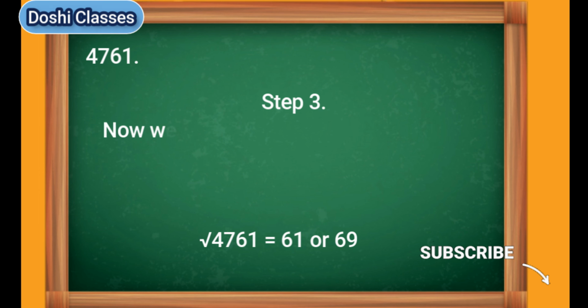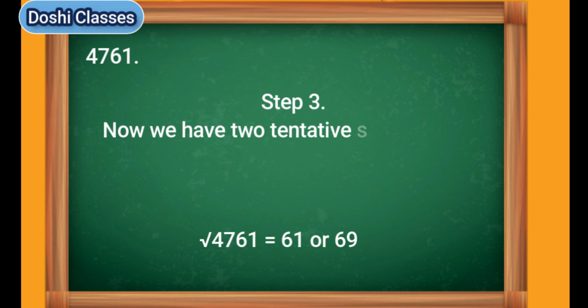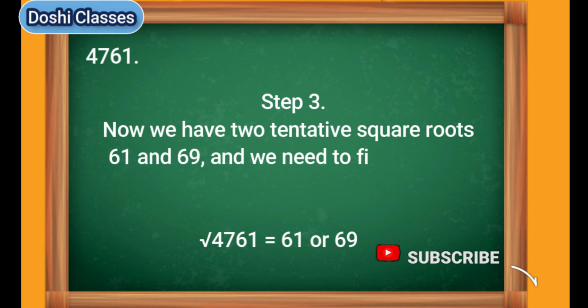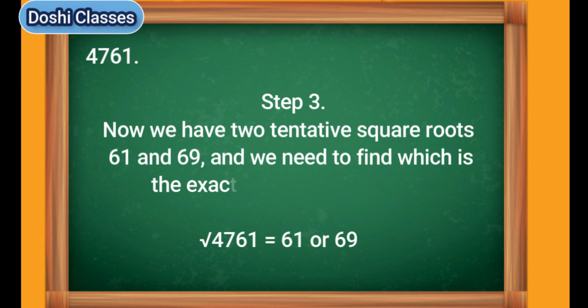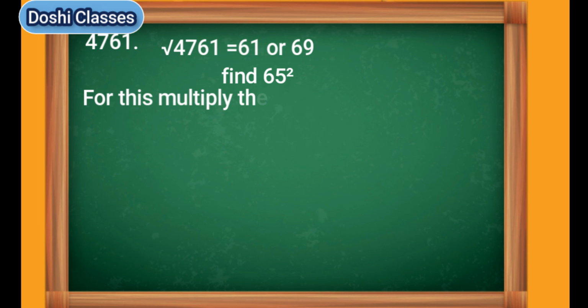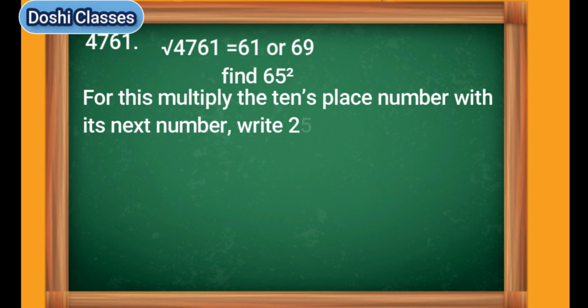Now we have two tentative square roots of the number 4761, that is 61 and 69, and we need to find which is the exact root of the two. Now 65 is in the middle of 61 and 69, therefore we have to find the square of 65. For this, we have to multiply the tens place number with the next number and then write 25.